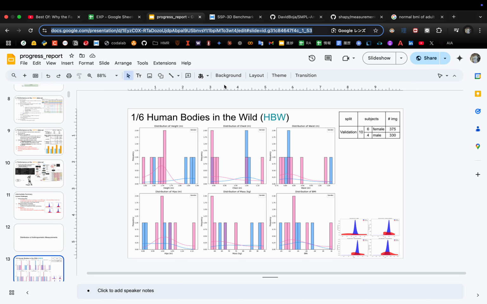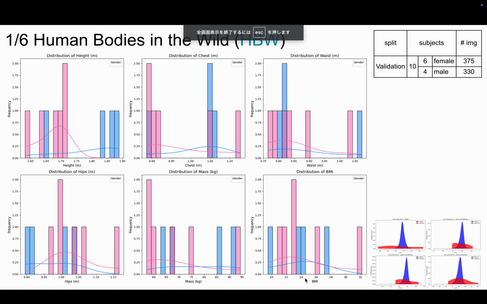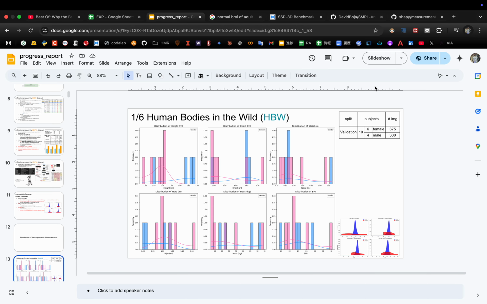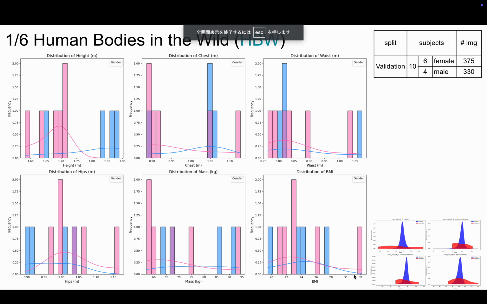So in this data set, we have from around 20 to 32, and the normal BMI from 19 to 25. So we do have some data that is beyond the normal BMI range.